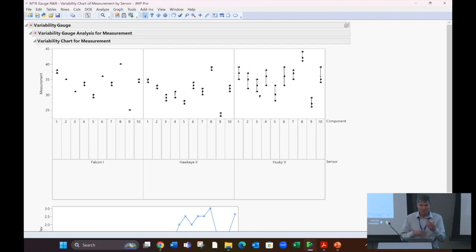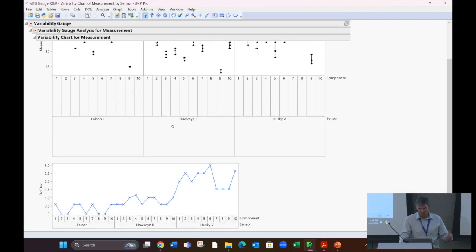What we would like is if everybody had a dot like this, and the dots were somewhat random, then we would have all part-to-part variability. But we don't. What you can see here is that Husky appears to have a lot more variability than Falcon 1, correct?